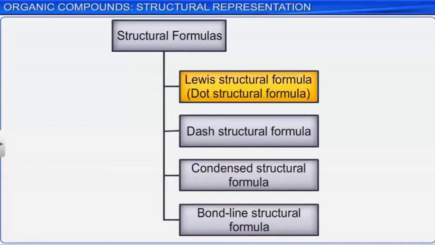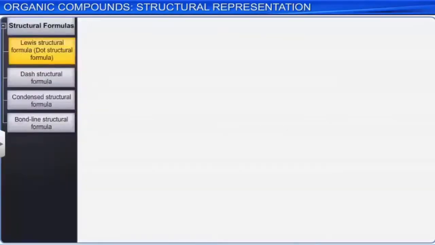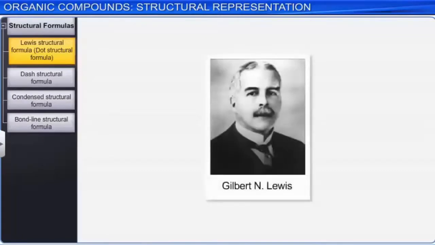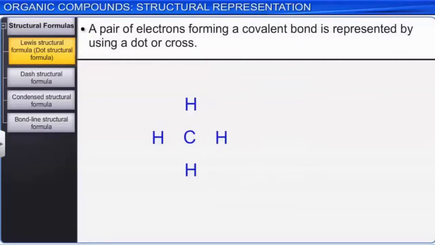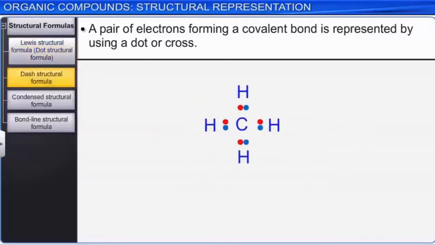Let's first look at the Lewis structural formula. The Lewis structure is named after the scientist Gilbert N. Lewis. In Lewis dot structure, a pair of electrons forming a covalent bond is represented by using a dot or cross. However, the Lewis dot structure can be further simplified by representing a pair of electrons by a dash.